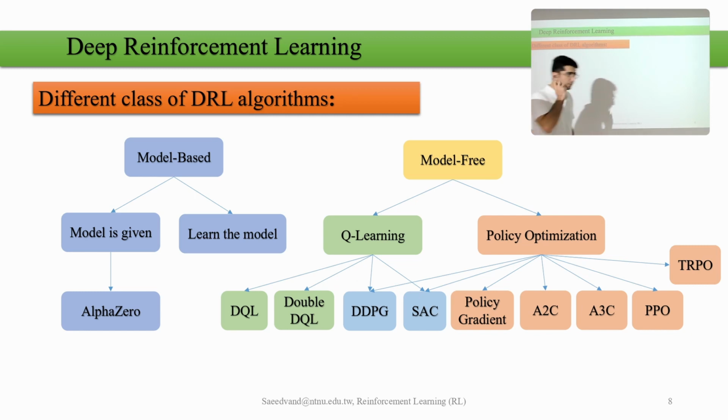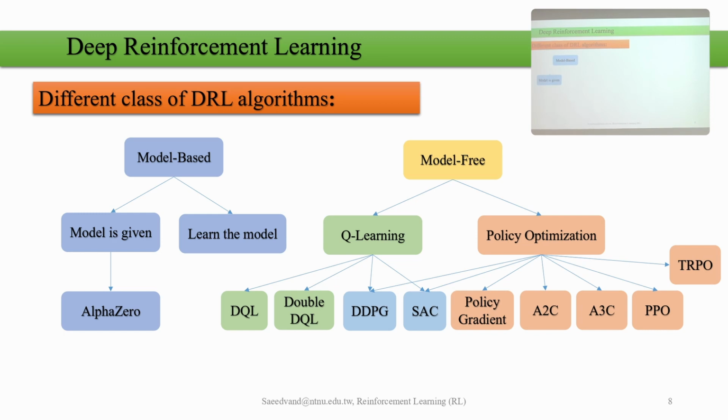Okay, so now we want to continue with a more general perspective of what's happening with deep reinforcement learning and the different classes of algorithms. You may hear about them from your friends, or study them yourself, and get confused, so I want to clarify everything for you.